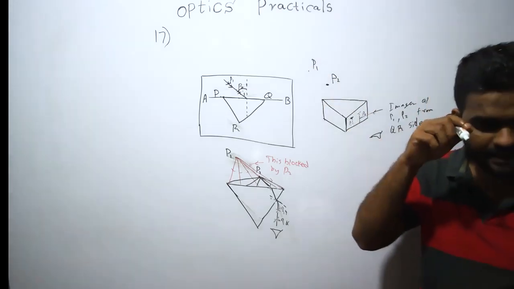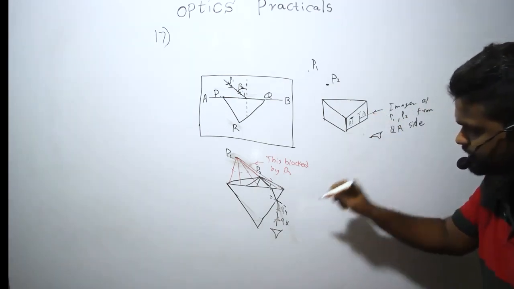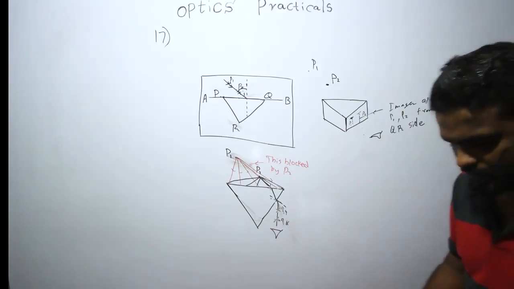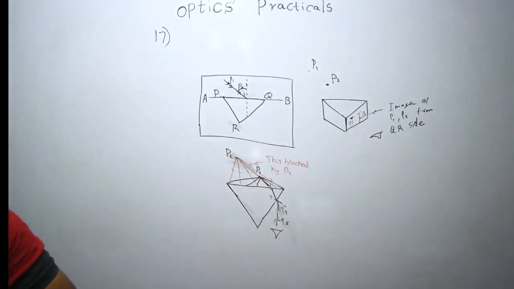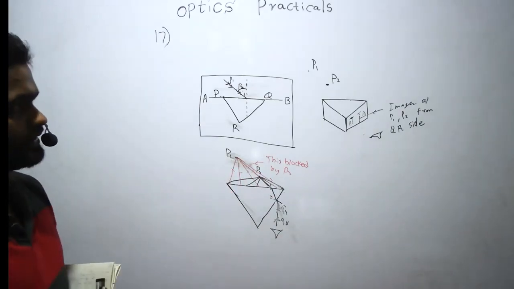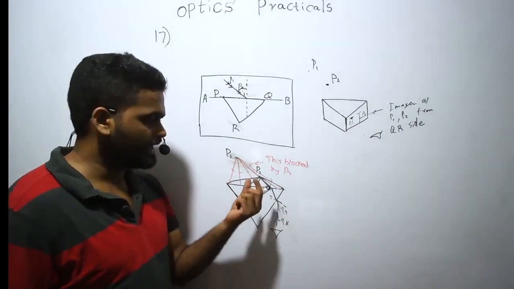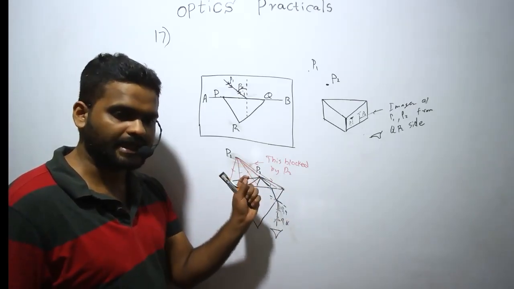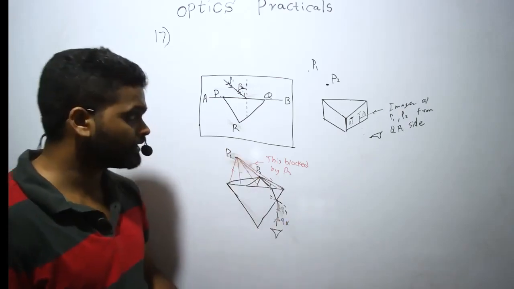Then along that line you place two pins, like this. Once you place these P3 and P4 pins, everything is complete now, right? For one incident angle, you have taken the necessary measurements.